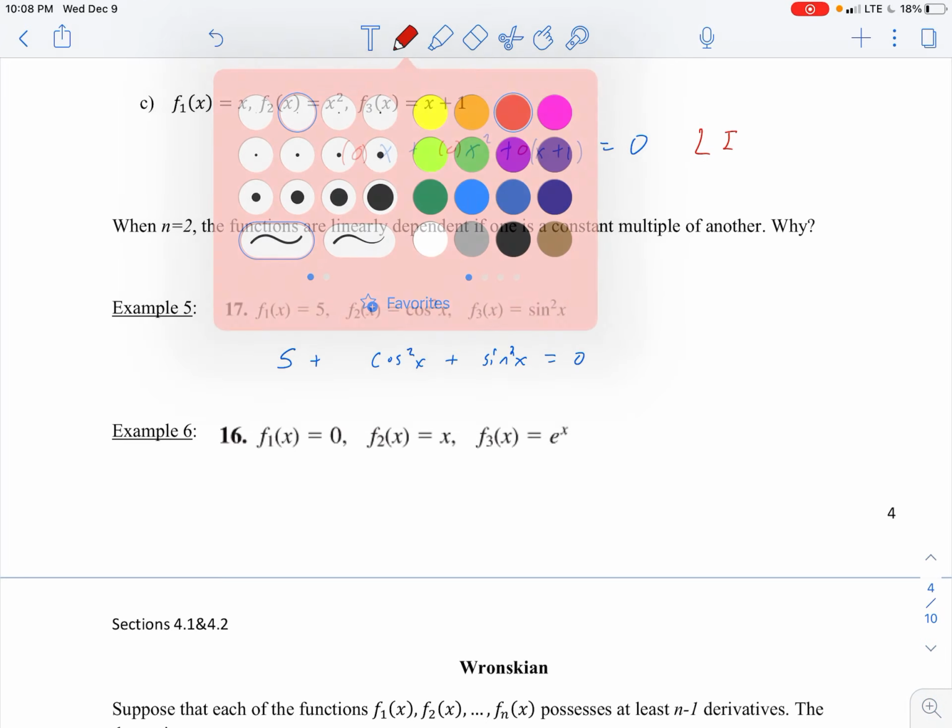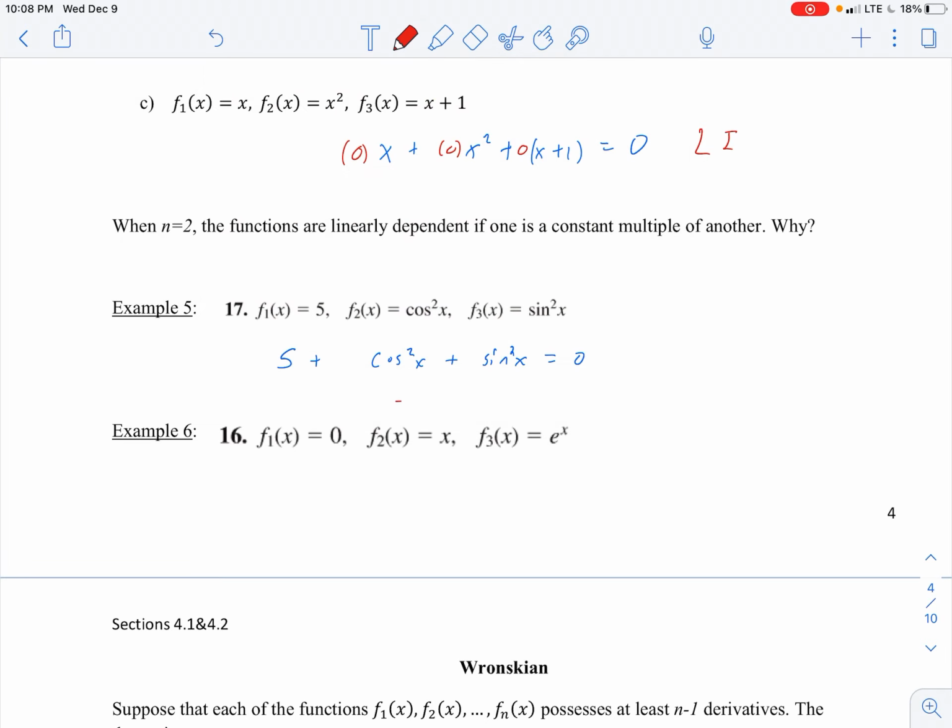We know that cosine squared x plus sine squared x is just 1. So if I make that 5 a negative 1, it works. And so it's linearly dependent.